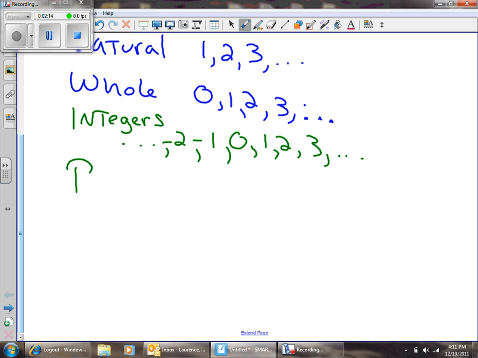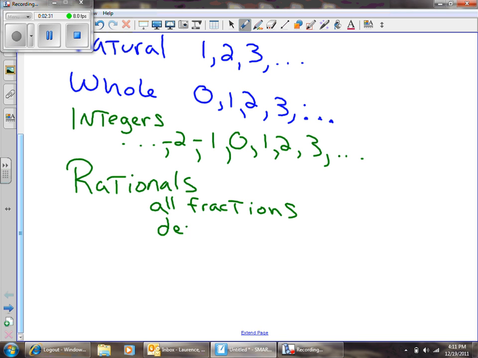Then we get to the rationals. The rationals include all the previous number systems, but they also include all fractions and decimals. 2 types of decimals.